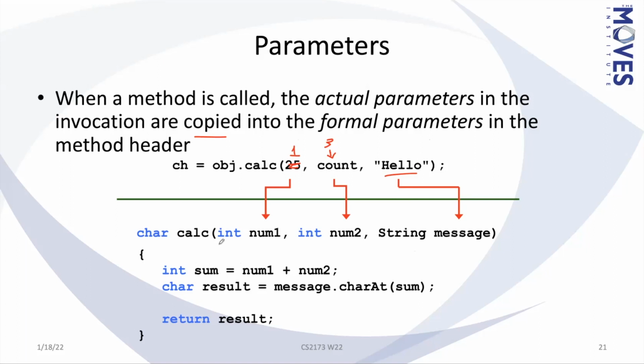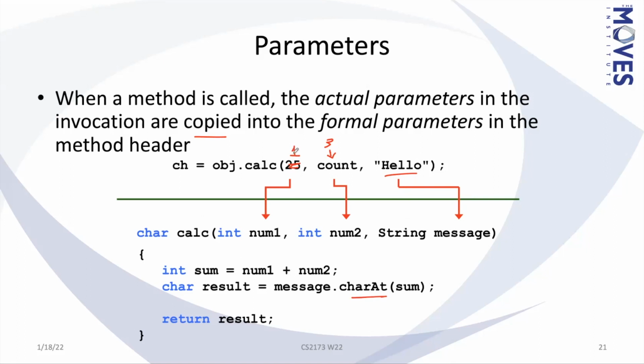All right, so this is a weird method. What it does is it takes the first 2 arguments, adds them together, and returns the character at that sum. When the first argument is 25, the string that's passed in only has 5 characters. So this would produce an error.